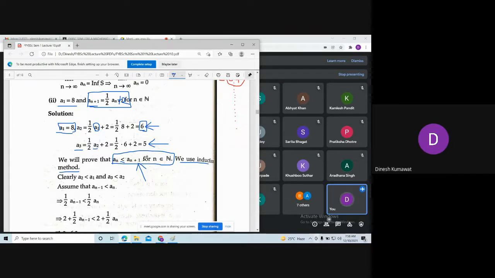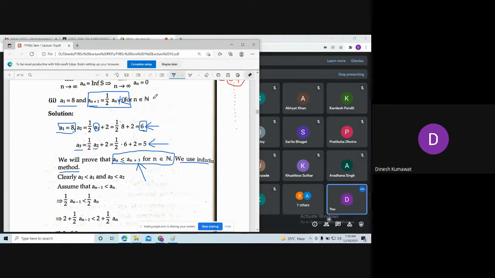Okay, now what is our aim? To show this sequence is convergent. See, right now we just checked that this sequence is monotonically decreasing. Now what else do we need to check to conclude that this sequence is convergent? Boundedness.